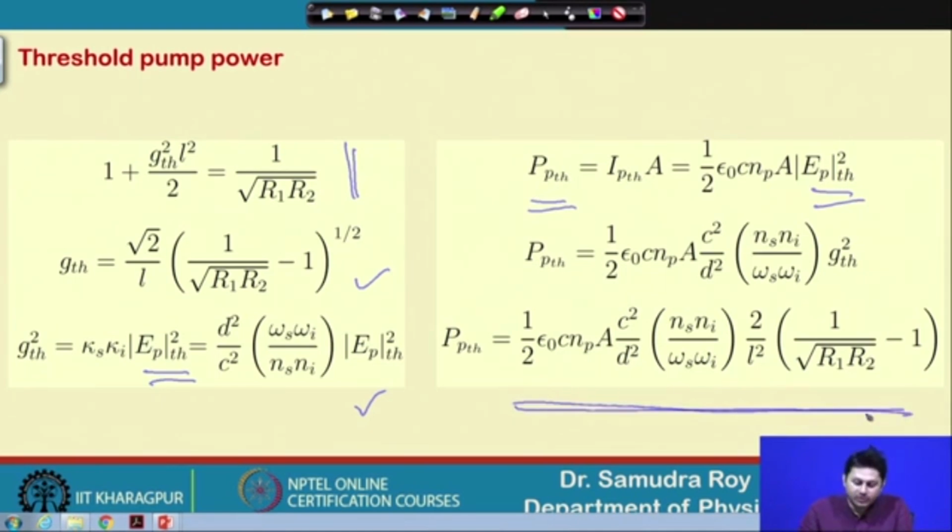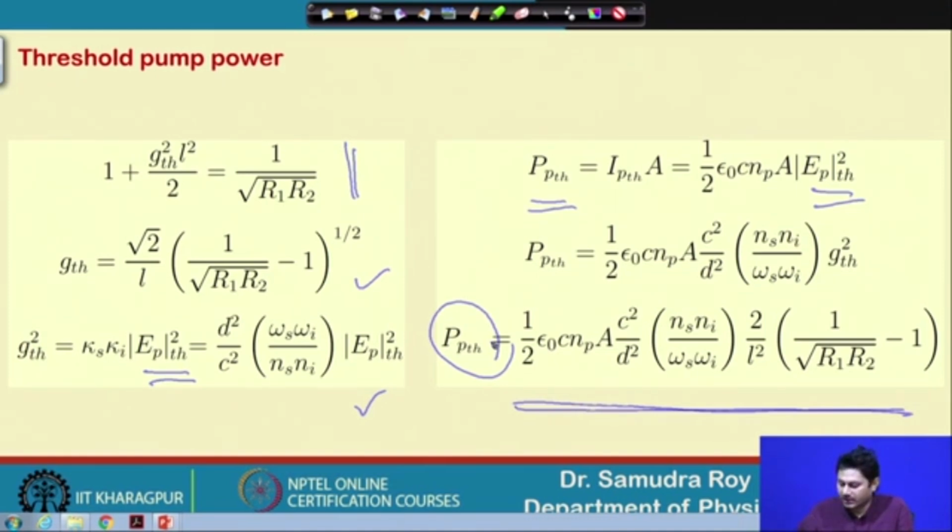I want the students to please do this calculation once again by your own hand, so that you can understand what is going on, but all the steps are given here. I am not explaining each and every step, because this is simple algebra and I believe you are quite capable of doing that. But the important thing is that I can now find the threshold power, which is really required to amplify the signal inside the optical parametric oscillator.